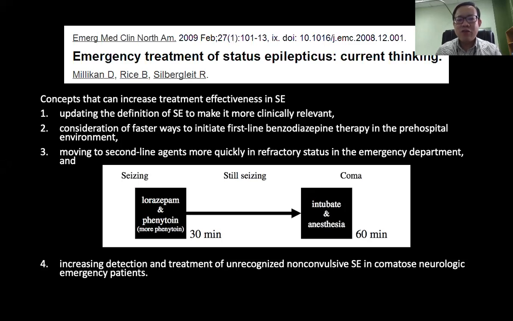If the patient is controlled, then it's good. If the patient's seizure is not controlled, then you will need to refer for anesthetic agent and intubation. So this is one of the important and useful papers that I found critical and applicable to our Asian countries.